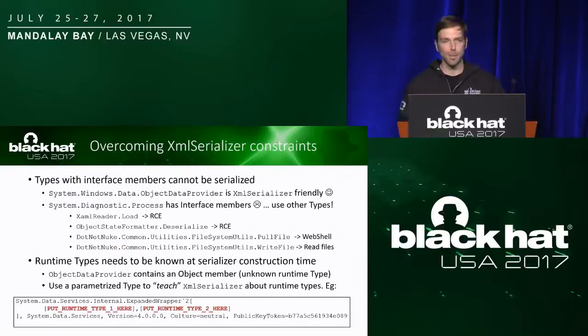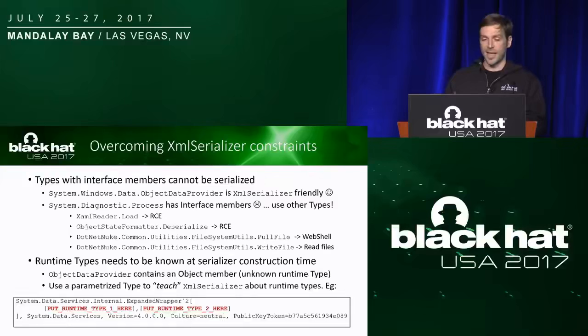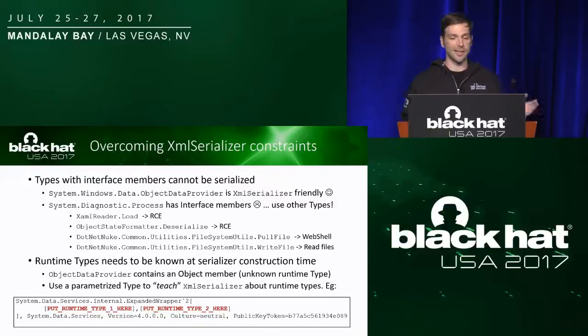XmlSerializer is by far the most limited serializer in the .NET family, so it was a challenge for us. If we were able to get arbitrary code execution in this case, we were sure that we could do that for any other library. So we wanted to use our ObjectDataProvider gadget, and so far so good because it's XmlSerializer friendly. It can be serialized by XmlSerializer, no problem at all.